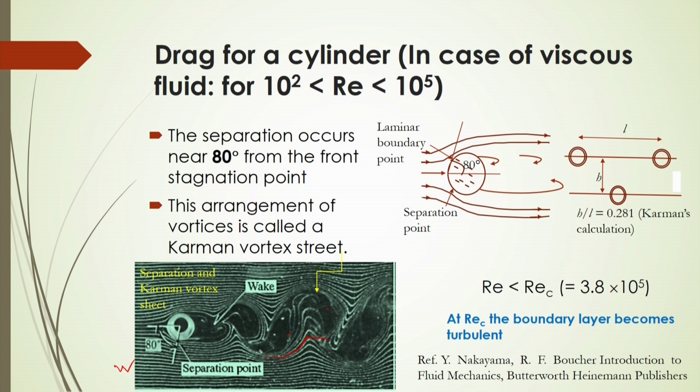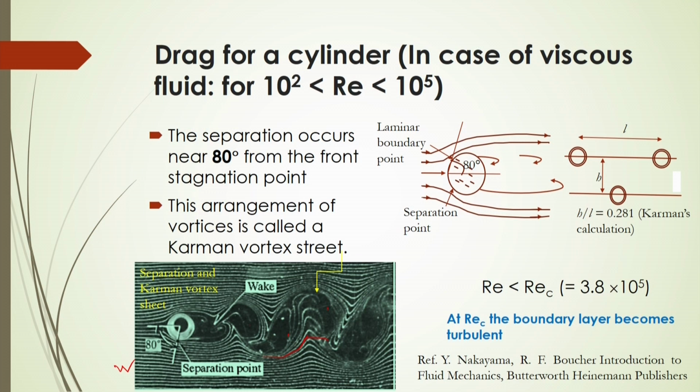And it happens only if the Reynolds number is less than the critical value of 3.8 into 10 to the power 5, which of course depends on the shape and size of the cylinder also.